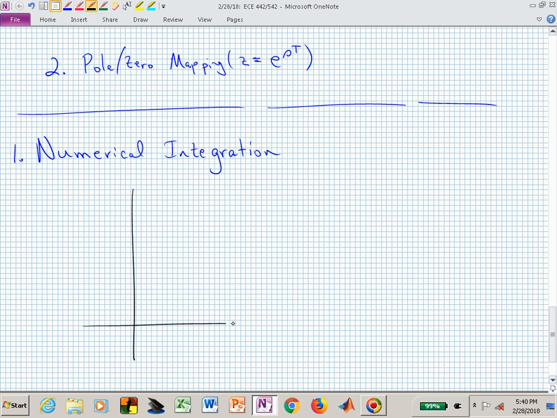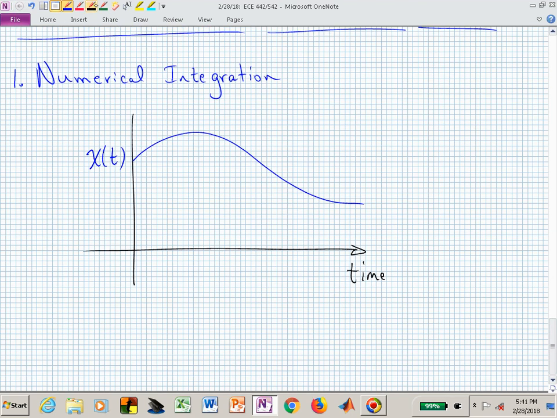And this is really consistent with what you would think. If this is now our time axis, and let's say that we now have a curve that's described functionally by x of t. That's just some generic waveform. And what we want to do now is worry about the area underneath that curve x of t.